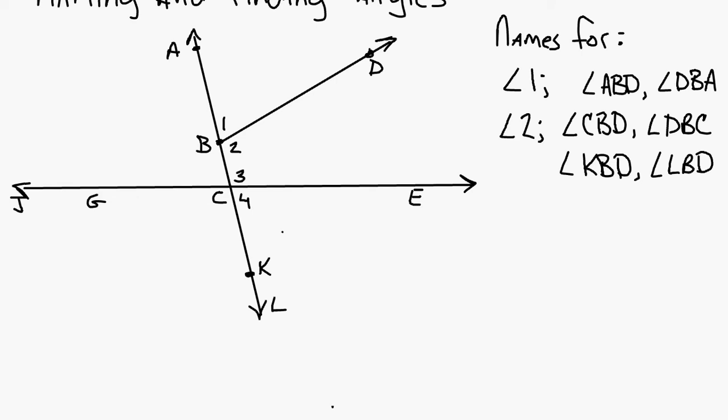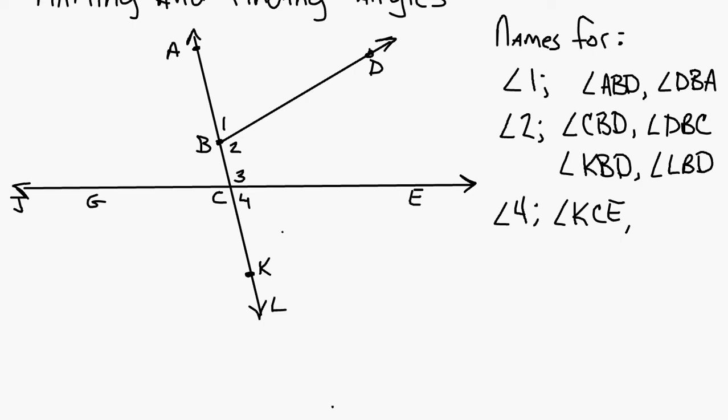Let's go to angle 4. A name for angle 4. No, I mean 4. Addie, a name for angle 4. Good, angle KCE. And one more name for that angle.